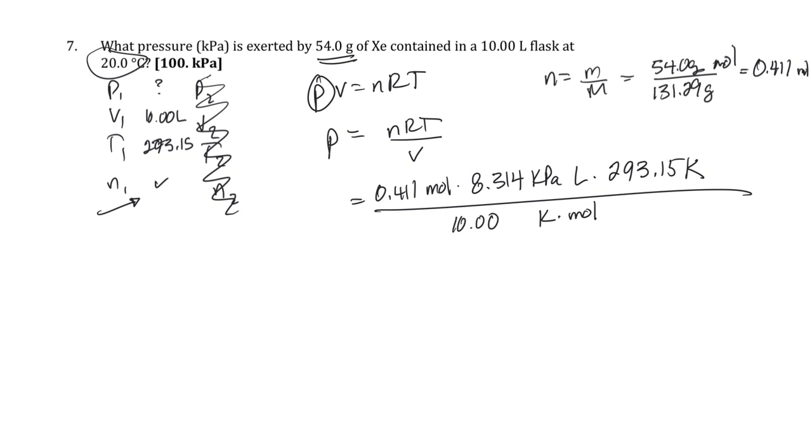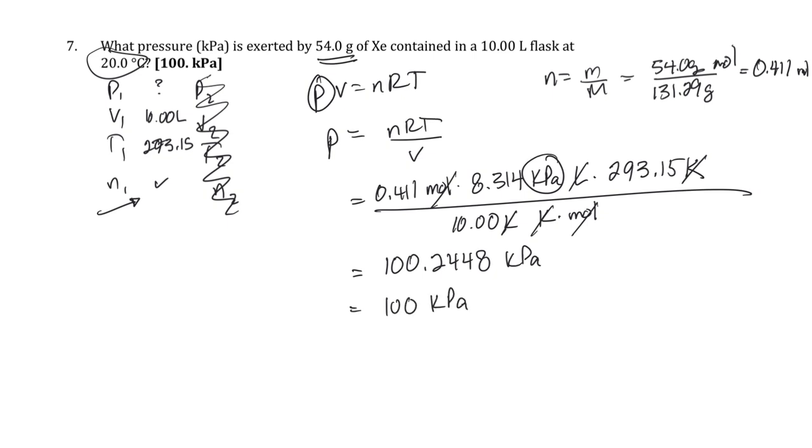Okay, calculator. So that comes out to 100.2448. Moles cancel, Kelvins cancel, liters cancel, so it winds up to be a pressure in kilopascals, and I need 3 sig figs, so it's exactly 100 kilopascals.